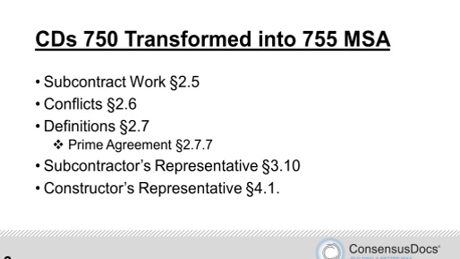Now, it's always important to take a look at that and make sure that your particular prime agreement, for example, doesn't create any provisions that might be at odds with what you include with your project work order.